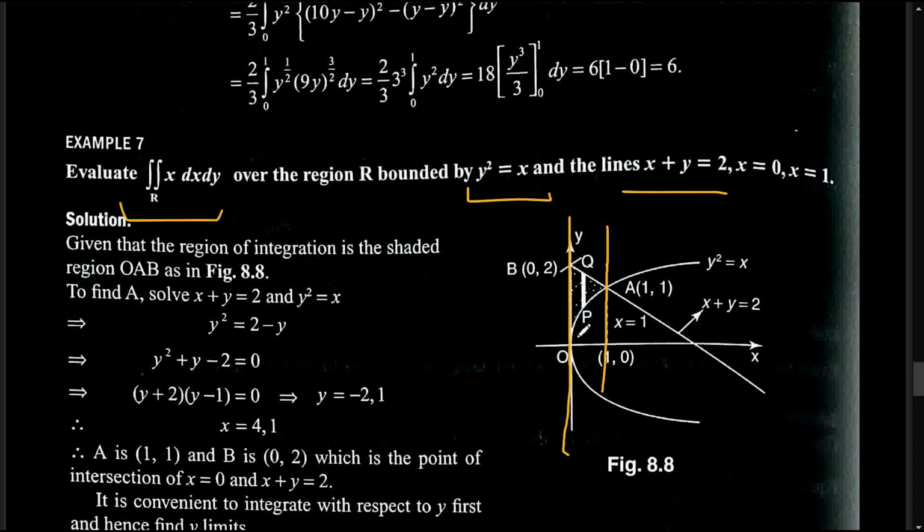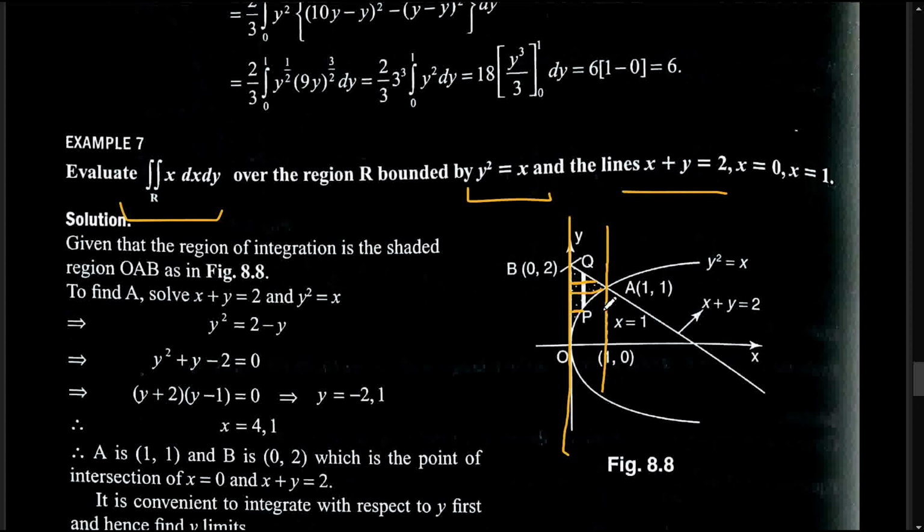It changes, because from here to here it's the equation of a line x + y = 2, but from here to here it's the equation of a parabola. So these kinds of things will be divided, and from this to this one strip will be taken, and from this to this another strip will be taken. So this is a tedious process.